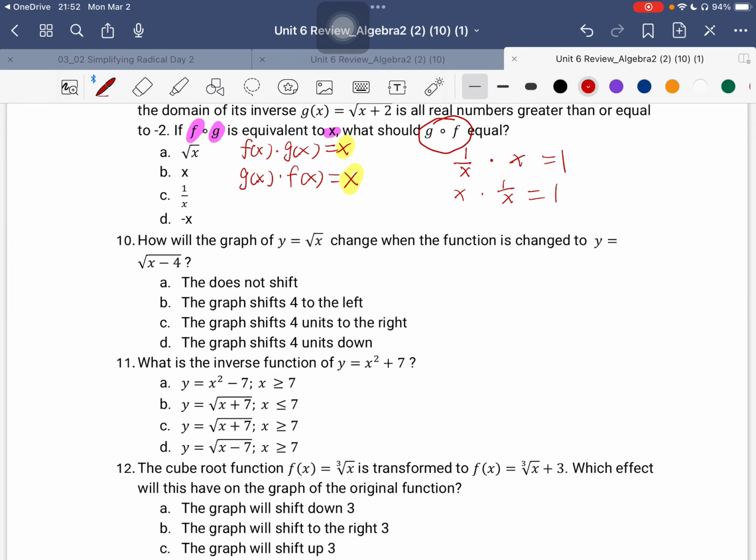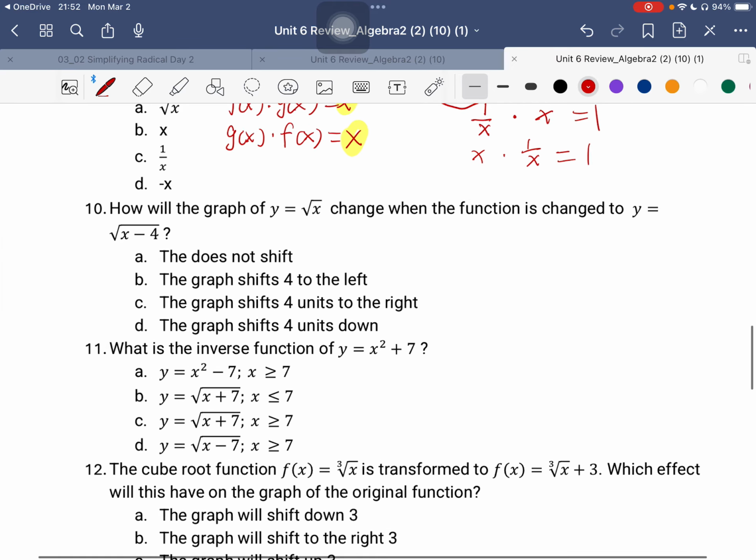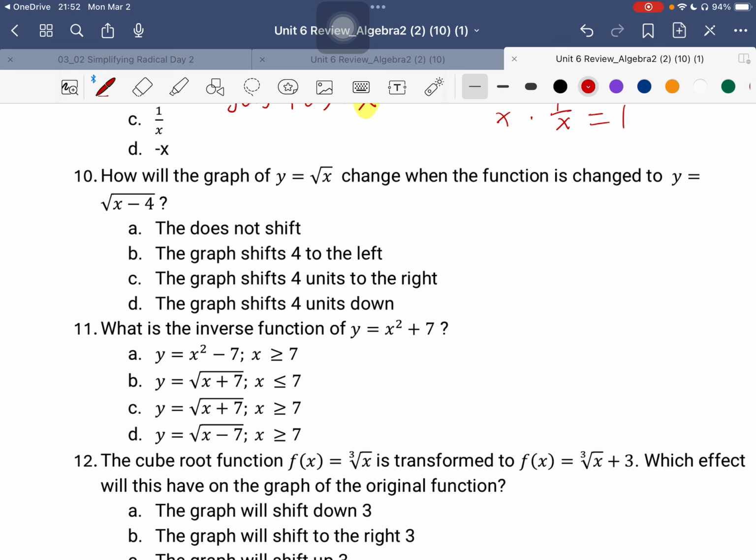Okay, question 10. It's asking you about horizontal shifting, horizontal shift, because it's inside the house. Inside house refers to horizontal, and it's for letter H. So here is the trick you may write down on your cheat sheet.